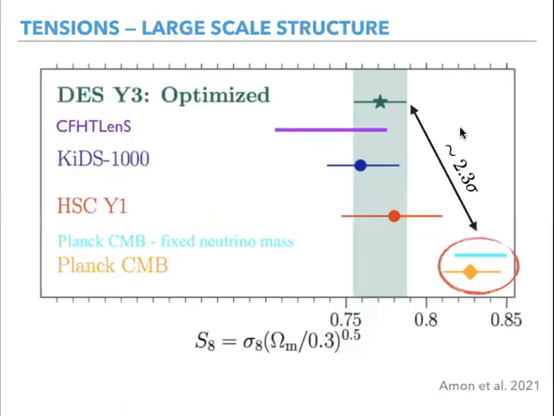There is another tension on S8, which is basically related with the amplitude of the density fluctuation. This tension is also between CMB and the weak lensing measurement. It's not as severe as the Hubble parameter, but it's still a 2.3 sigma one.